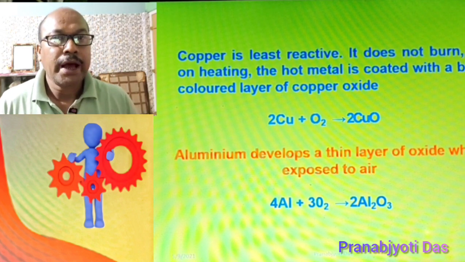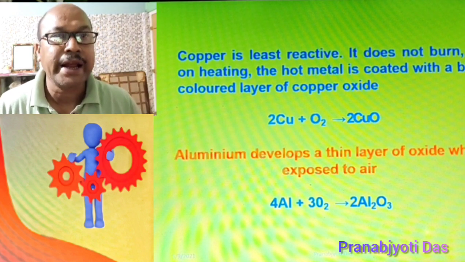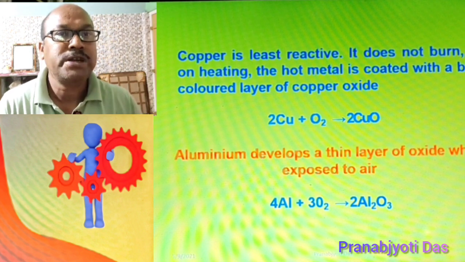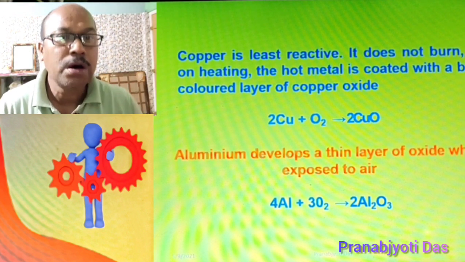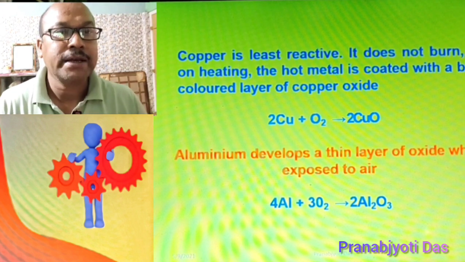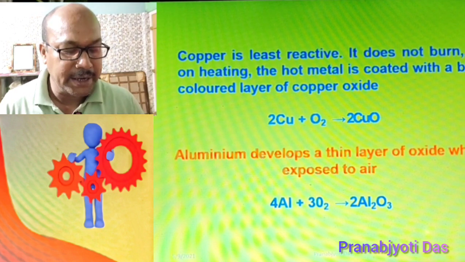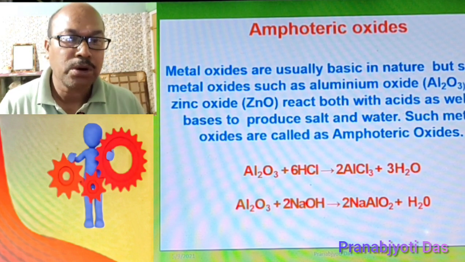Aluminium is another metal, and it develops a thin layer of aluminium oxide when it is exposed to air. It means that aluminium also reacts with oxygen to produce aluminium oxide. So we have seen so far in these slides that metals are actually reacting with oxygen.